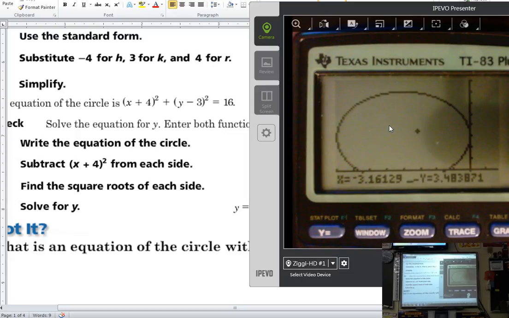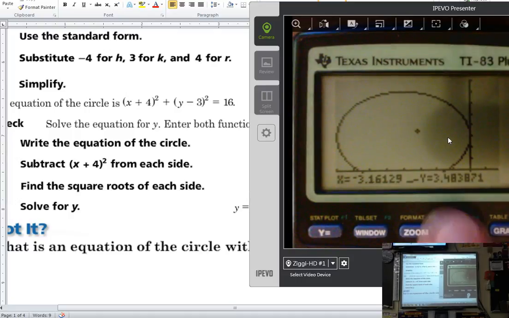All you've got to understand is if it looks like there's a gap, there's not. There's not a gap between those two functions. They perfectly meet up and perfectly make a circle. Can we all agree on that? Sometimes it'll have a gap, sometimes it won't. It all depends on how your calculator figures out that issue, but it comes down to the ratio of the pixels. That's where the issue is.